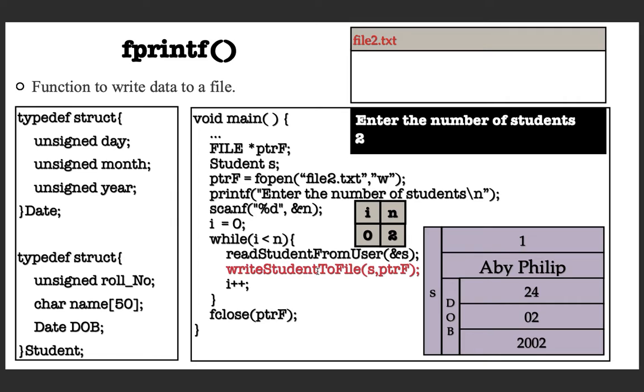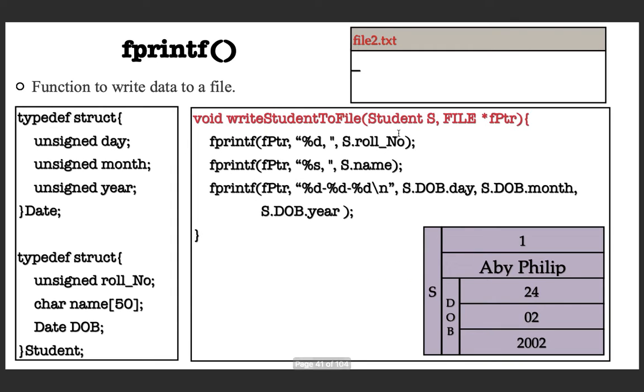Okay, going down, this is another function call, and what you do here, you are going to write it into a file where we are going to use fprintf. Okay, and note that here I just want to write, I don't want to change the content of this structure, and that is why I am not passing the address. I am just passing the variable by value mechanism and the pointer to the file. So I am getting that variable here in capital S and the file handle in fptr.